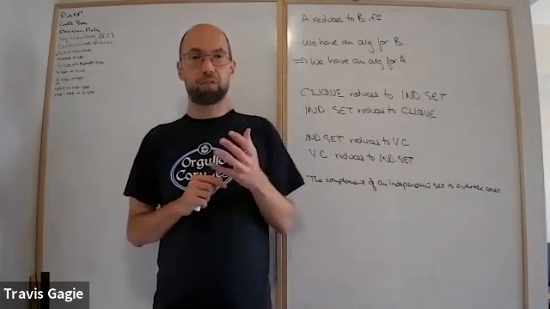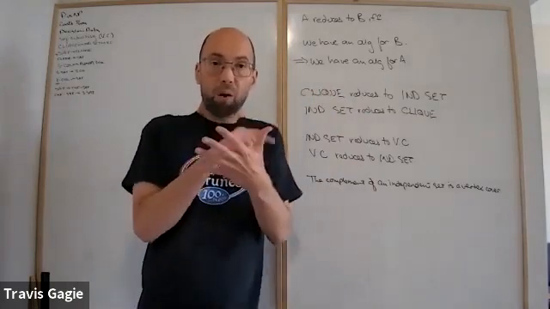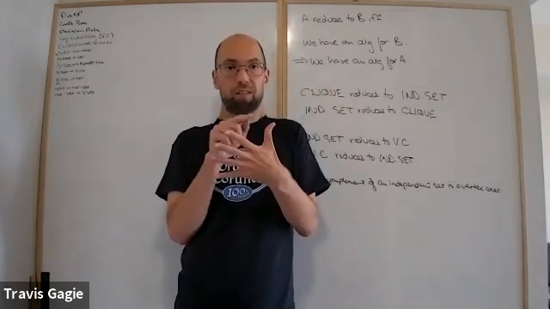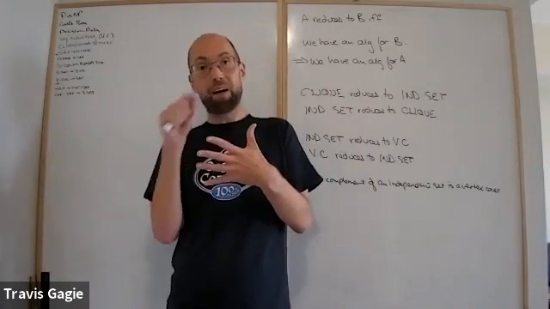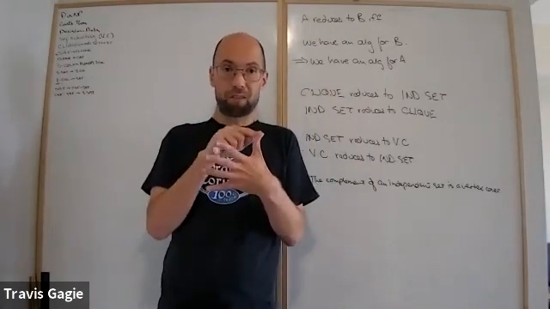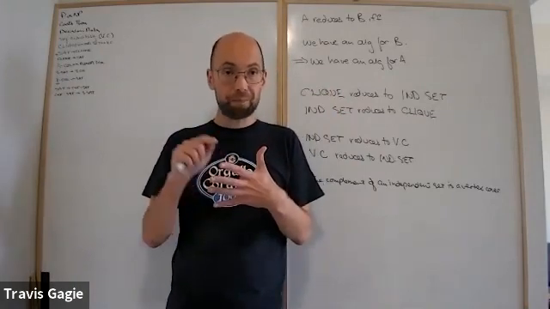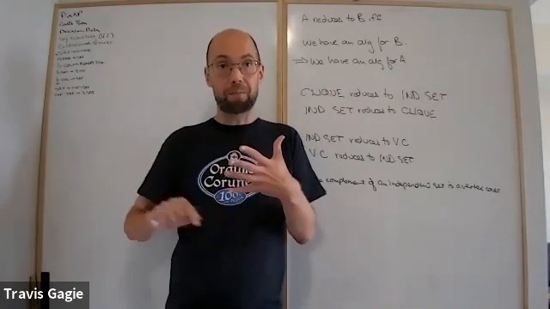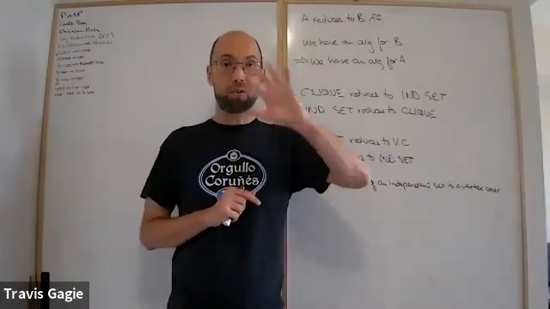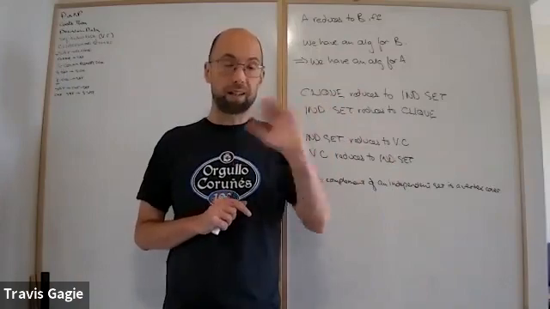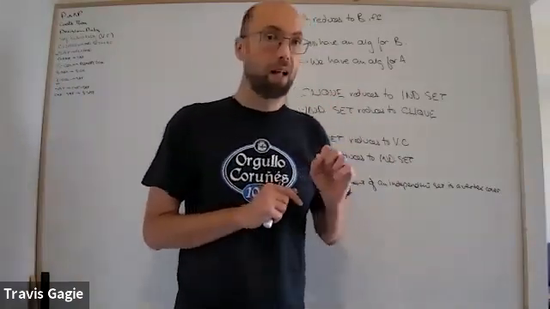In the independent set, no edge goes between two vertices in the independent set. So every edge either goes between two vertices not in the independent set, or between a vertex in the independent set and a vertex that's not in the independent set. So if you take the complement of the independent set, it has to include at least one endpoint of every edge.